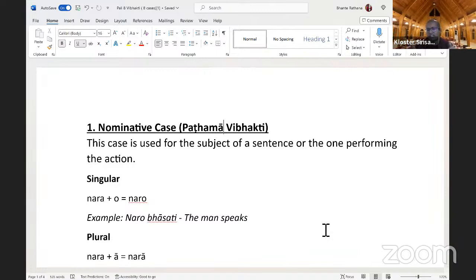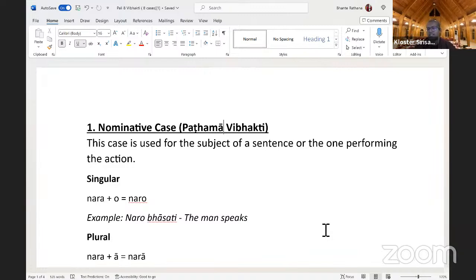If you say that he lives in a house, in that case we can say the man, puriso gehe vasati. That means the man lives in a house. That means he stays there for a while.